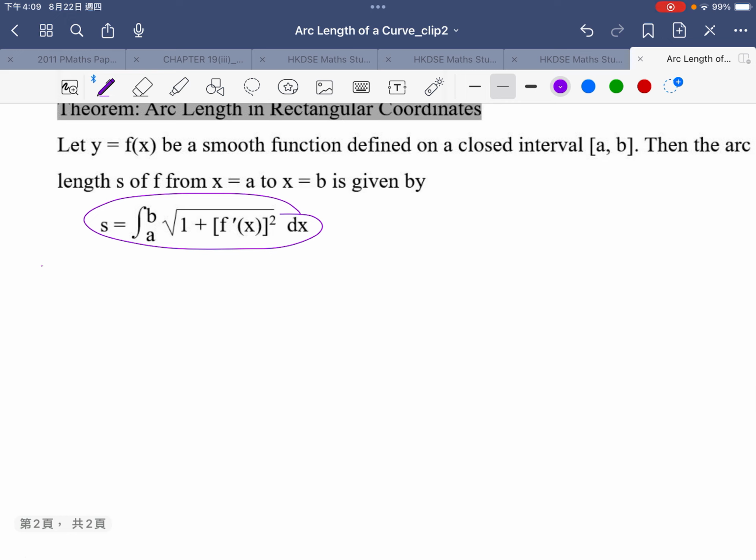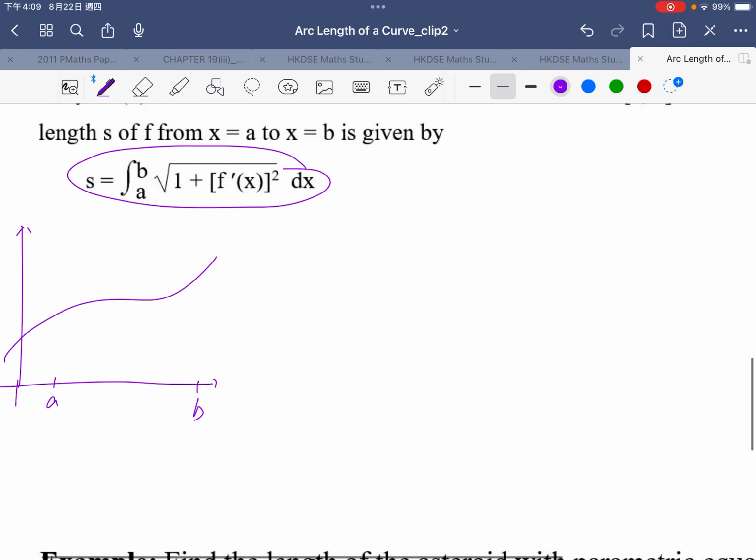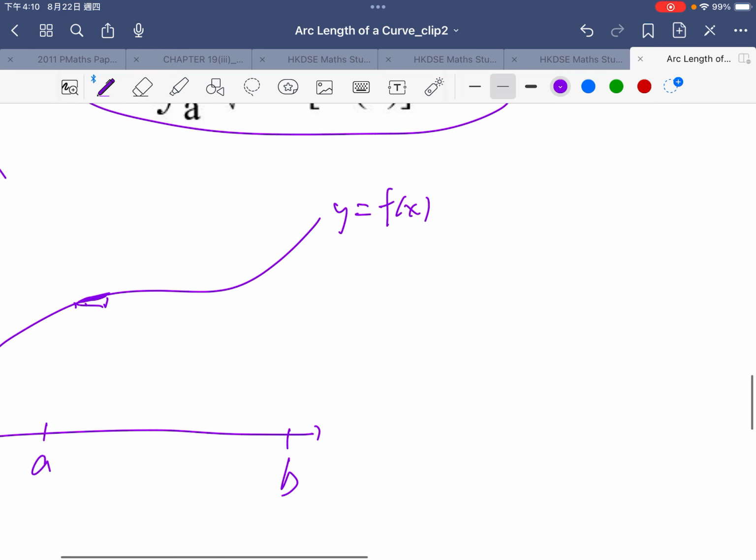First, for a curve, for example, I randomly draw a curve over the domain from A to B. We divide this curve into small pieces and draw a triangle.